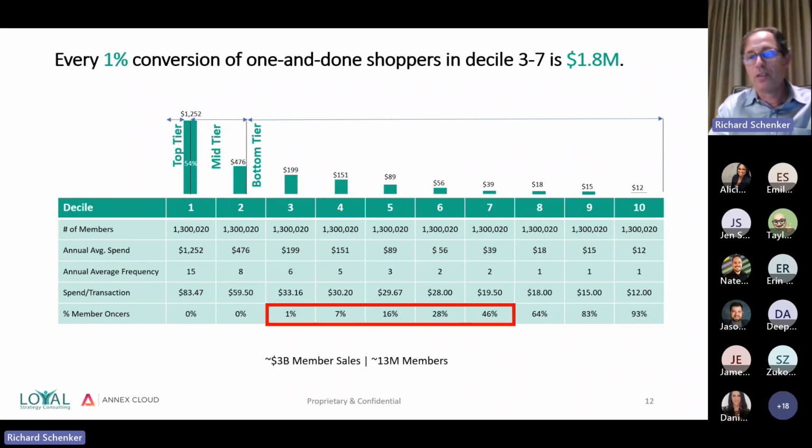Probably not, because those are probably people who just joined the program, are either dissatisfied with the brand or have moved on. So you have to pick your sweet spot in terms of where you think you're going to get your bang for your buck. So again, if we invest against deciles 3 to 7, that's worth just under $2 million for every 1% that you can get to make an additional transaction during the year.